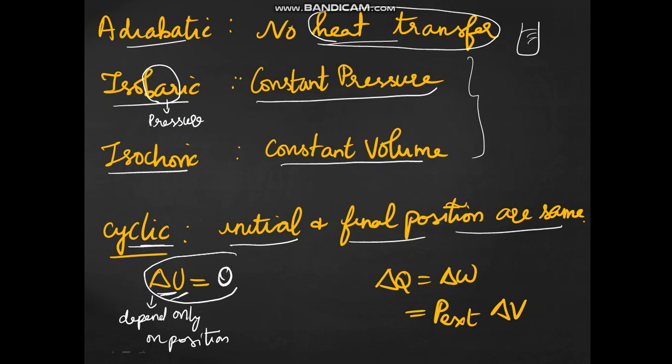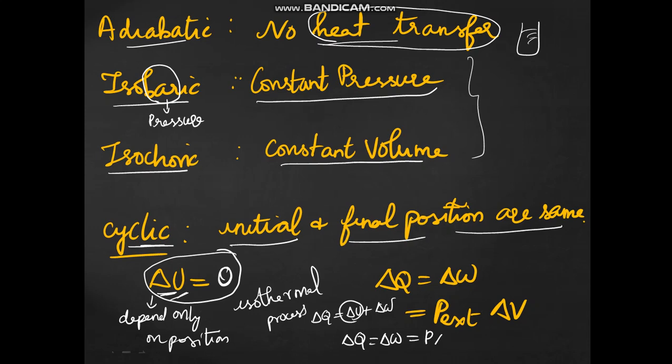So the change in internal energy is zero for a cyclic process, and it is also zero for the isothermal process, since internal energy depends only on temperature. So the first law we learned is delta Q is equal to delta U plus delta W. This is the first law of thermodynamics. For a cyclic process, delta U is zero. So delta Q is equal to delta W, that is equal to pressure into change in volume.